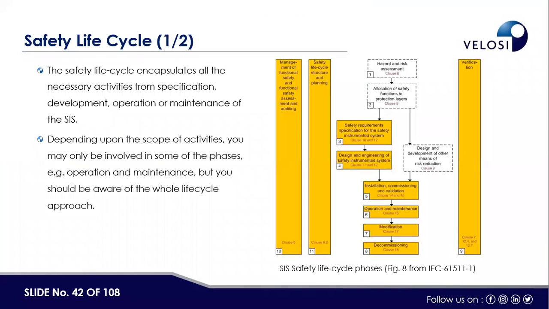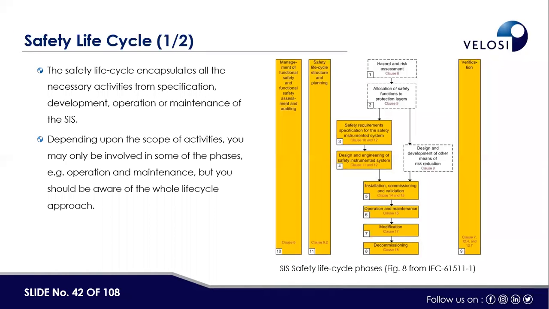So when we say a safety life cycle, it means there are various stages. First is the conceptual stage, then FEED stage, FEED design, and then we try to establish the requirement of the SIF, and then the specification of the SIF is prepared, and then we go to the EPC stage. At EPC stage, we are also buying the SIF from the suppliers or manufacturers.